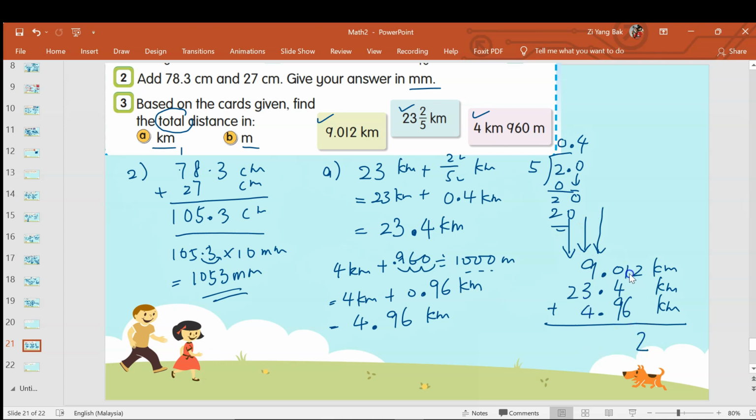So 2, 1 plus 6, 7, 4 plus 9, 13, 1 plus 9, 10, 17. This is 3. Okay. So total 37.372 km.